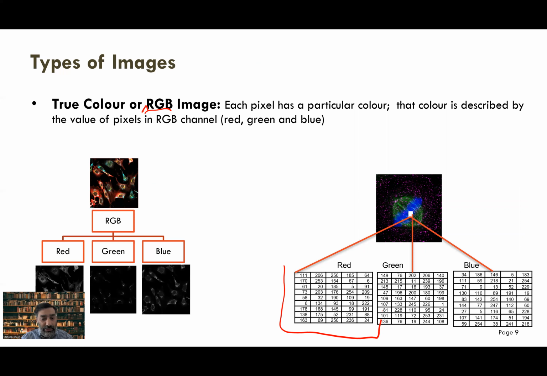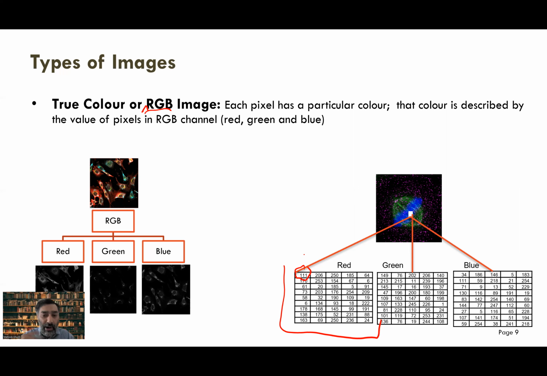So the red channel is 2D matrix data. Similarly, green is 2D matrix data, and blue is 2D matrix data. When we create an RGB image, these 2D matrices are put on top of each other. And each pixel has a value, it's just a number.